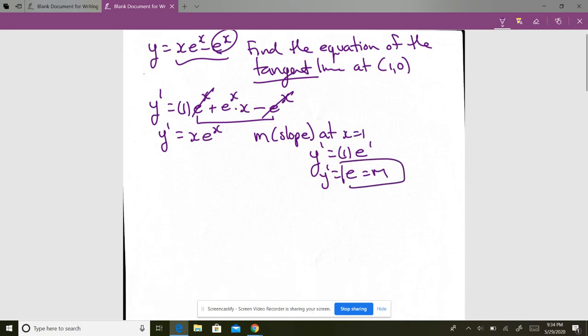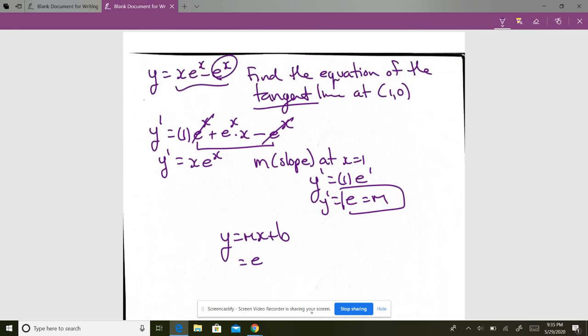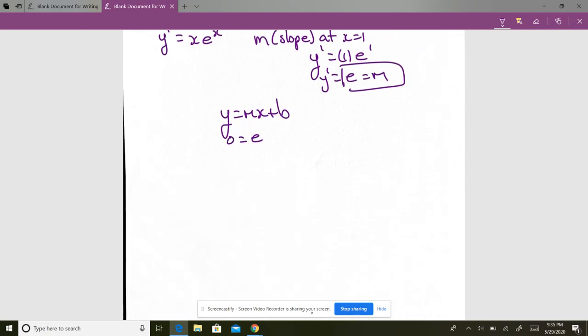Okay? We can write it in y equals mx plus b form. I know m is e. I know my x value is 1, my y value is 0. Solve for b. B is equal to negative e. So that's my y-intercept.